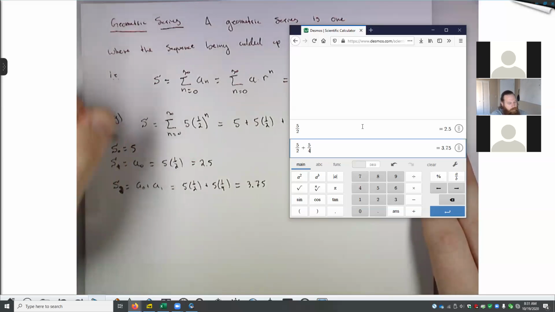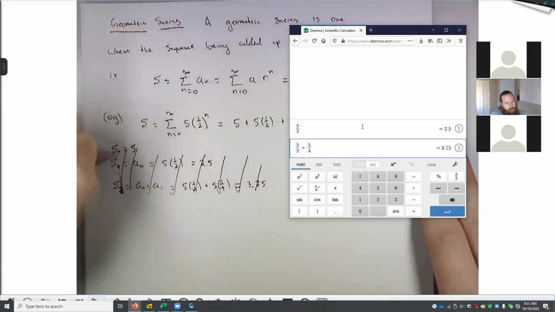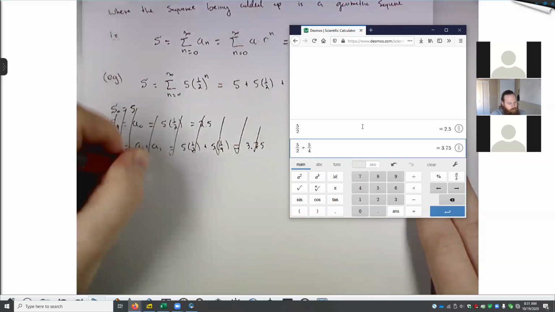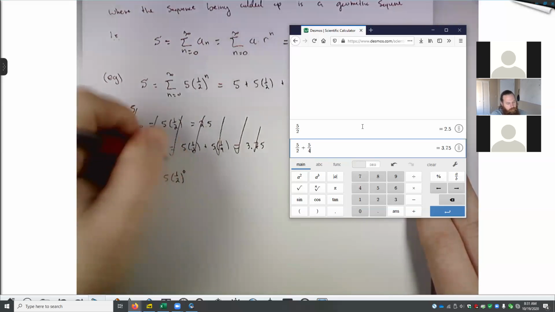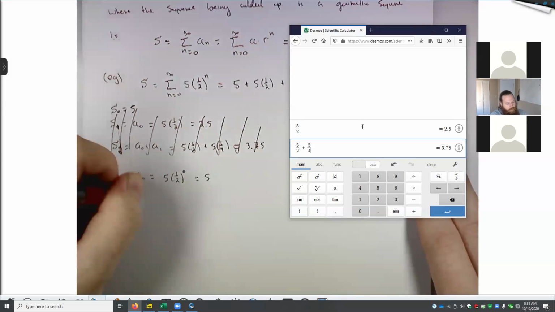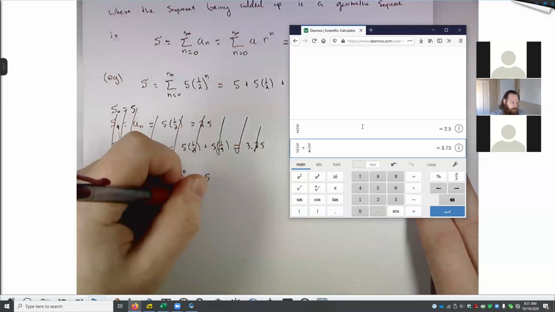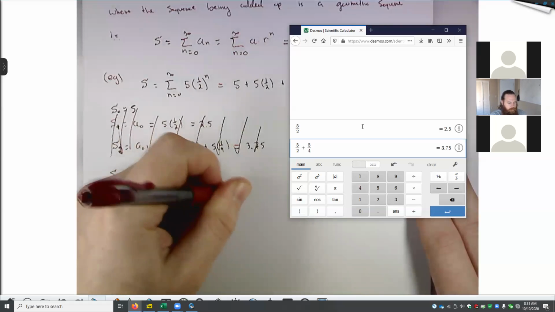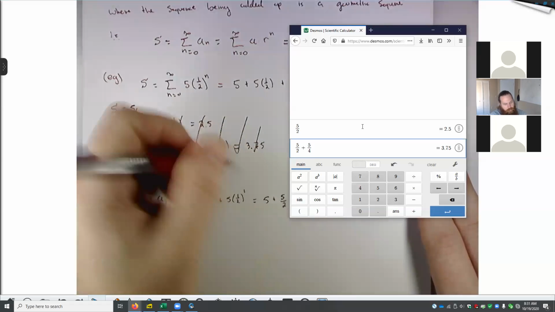Yeah, 5 times 1/2 to the 0. Let me fix this. You should fix this in your notes too. Thank you. Yeah, S0 is just A0, and that is 5 times 1/2 to the 0, which is 5. S1 is A0 plus A1, which is 5 times 1/2 to the 0 plus 5 times 1/2 to the 1, which is 5 plus 5/2.